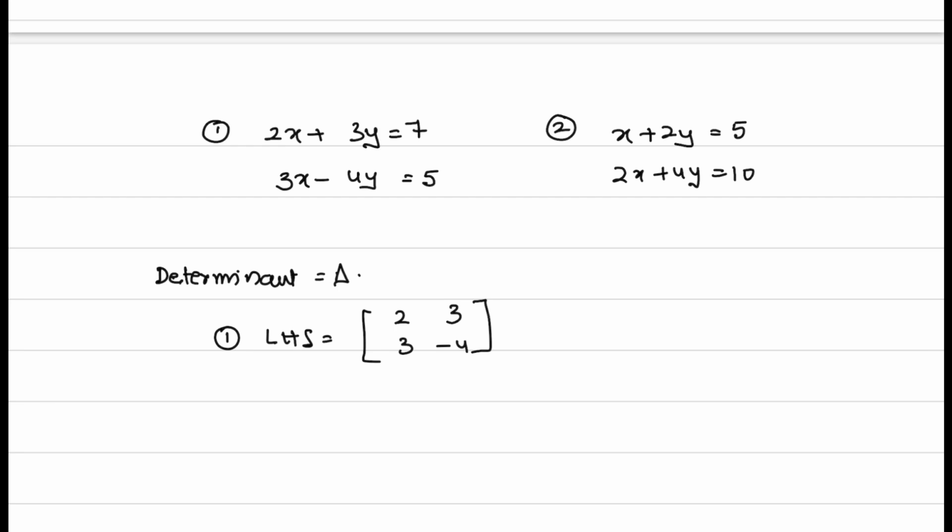It can be i, j and k also, like 2i plus 3j plus 4k. This is the first row. This is the second row, 3 and minus 4. This is how a matrix is written. I am not writing the extended matrix. It is the matrix representation of the left hand side.